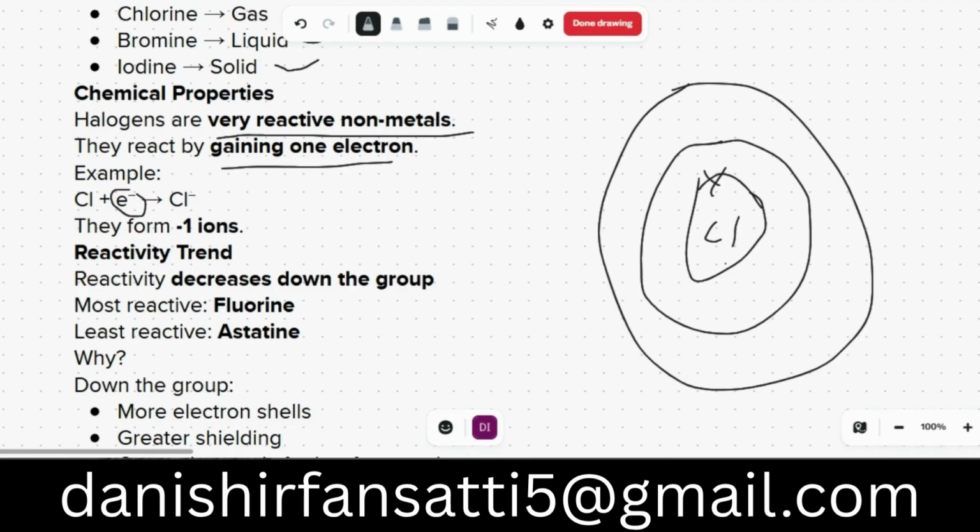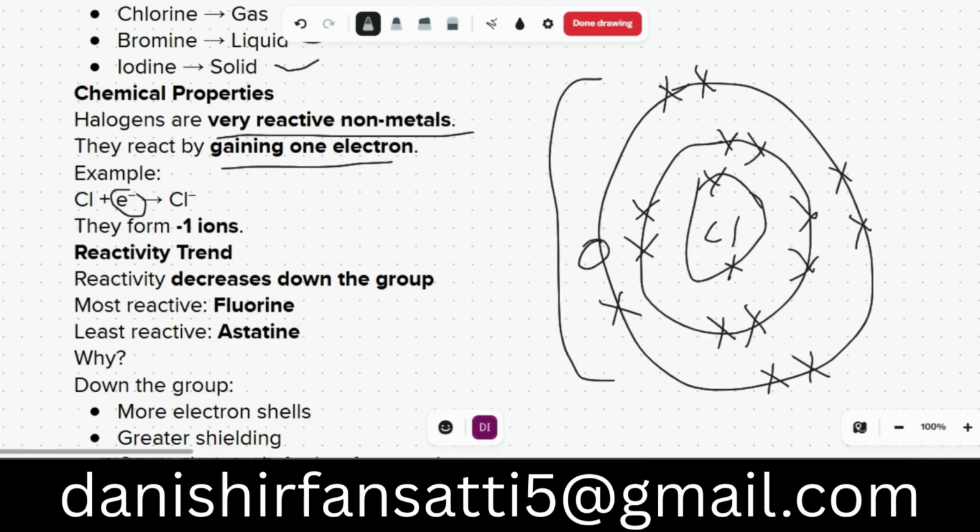So it has 1, 2, 3, 4, 5, 6, 7, 8, 9, 10, 11, 12, 13, 14, 15, 16, 17. So it just needs one electron to complete its outermost shell. So it will gain one electron and the charge on that atom is -1.